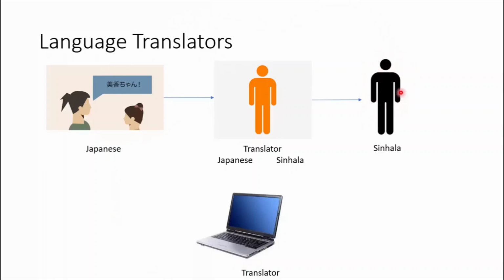Then this person can communicate the other way around, speak in Sinhala, and the translator would understand the context or the idea, and translate the same text to the Japanese person. So this is the translation process, with two languages involved. This translator has a very good understanding of both languages. Now you are clear what the translator's job is.